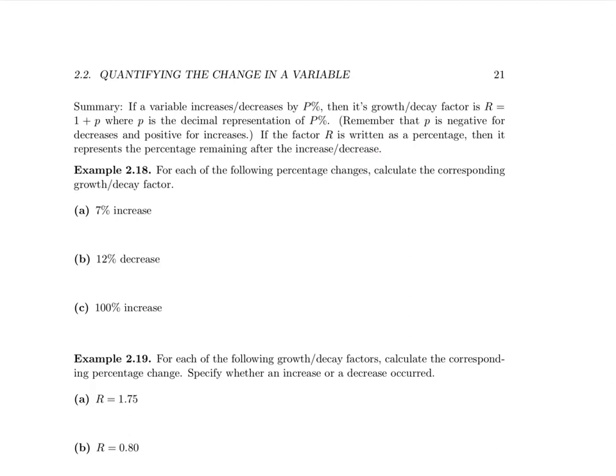In this case, there was a 7% increase in the variable. A 7% increase corresponds to a little p value of 0.07. This is the decimal representation of 7%.